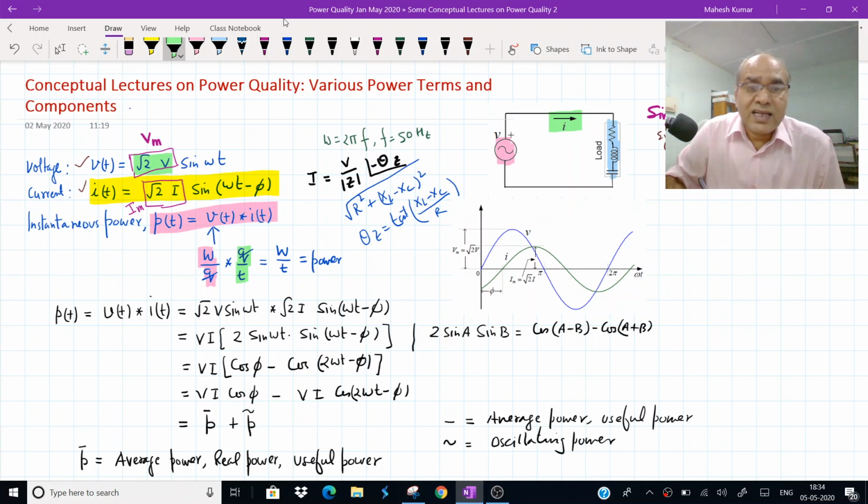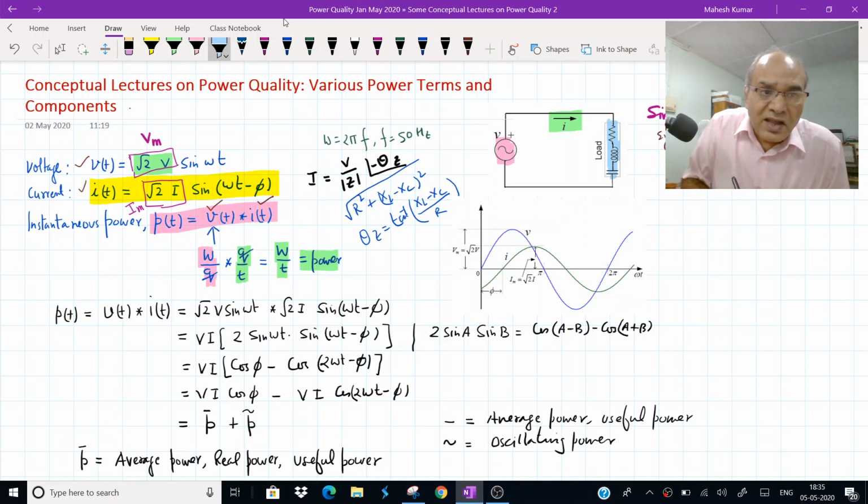So Q will cancel. We have W by T, which has a dimension of power. So once we apply voltage, current flows, power is formed, and the power is equal to the product of voltage and current. Now since we are using the instantaneous voltage and current here, it forms instantaneous power.